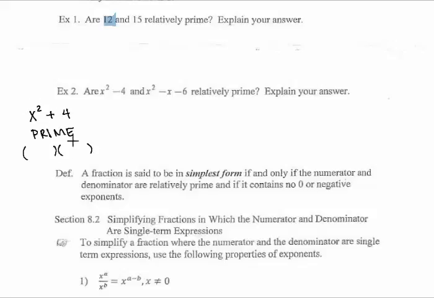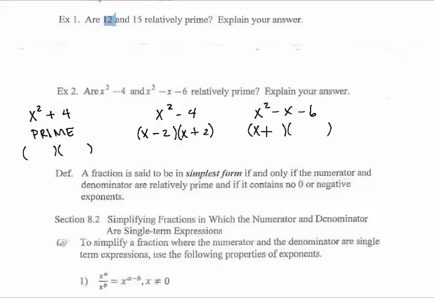So this was prime, but when we're talking about relatively prime, we're comparing two things, or maybe three things. In this case we're comparing two polynomials, and here we have x squared minus 4, which is not prime. We can factor this as an x minus 2 and an x plus 2. Likewise, x squared minus x minus 6 is not prime either by itself.